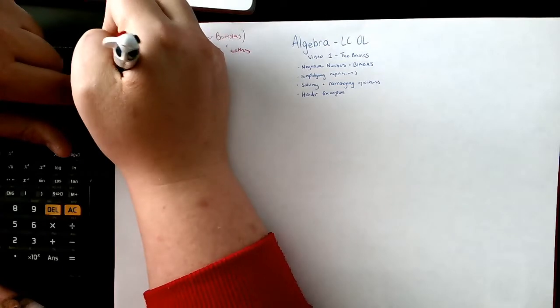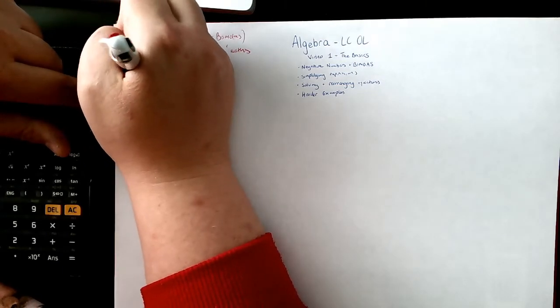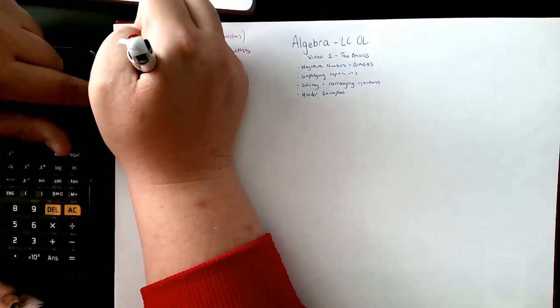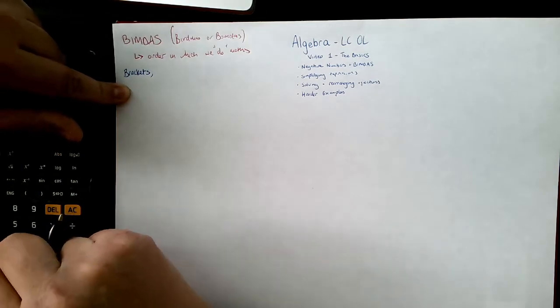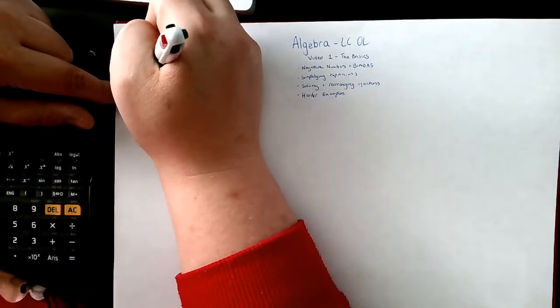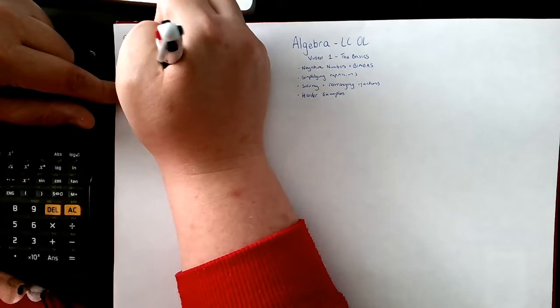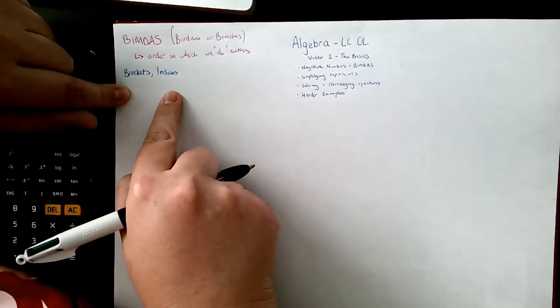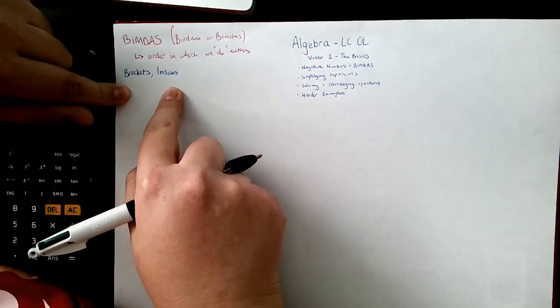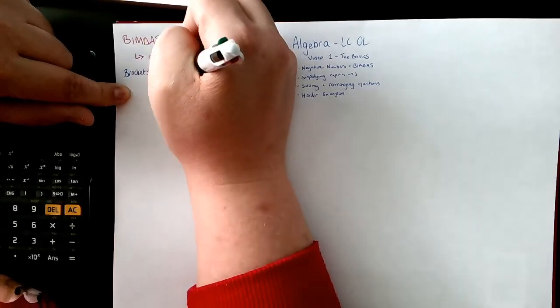So the B is our brackets, so we do what's inside the bracket first. The I is our indices, so if we have any powers, like a square or a cube, we do them next.